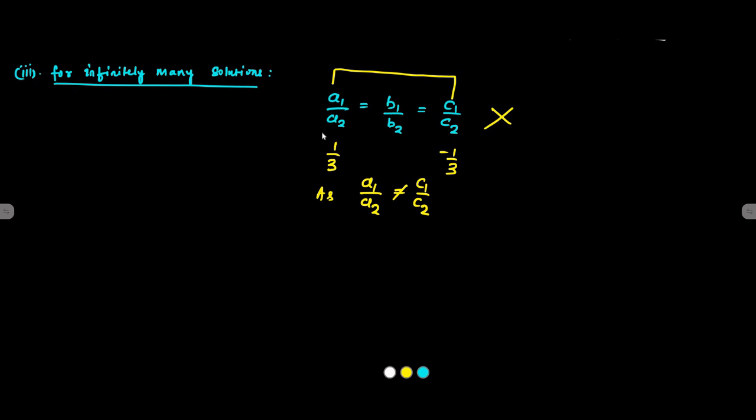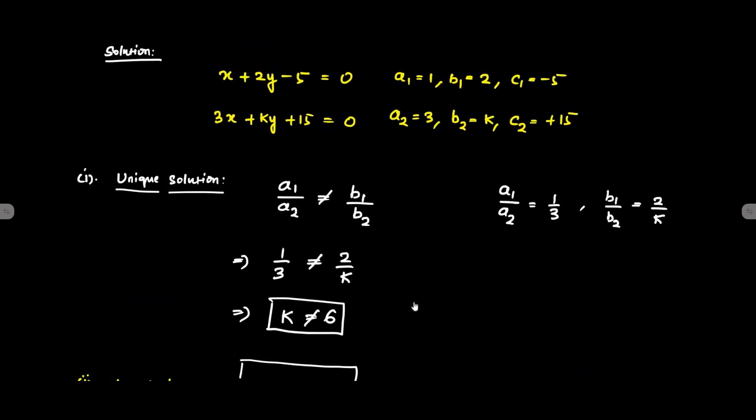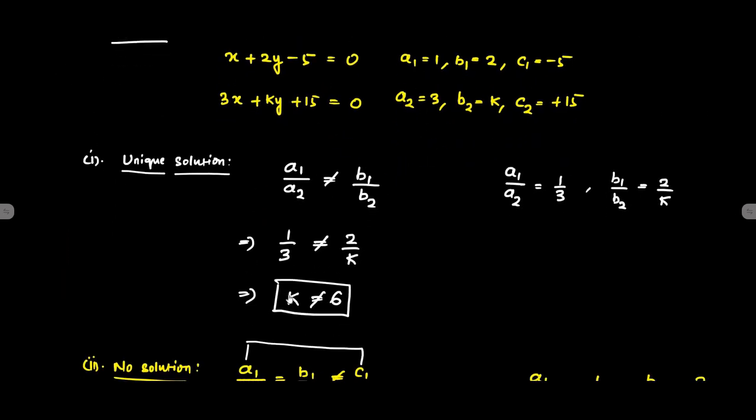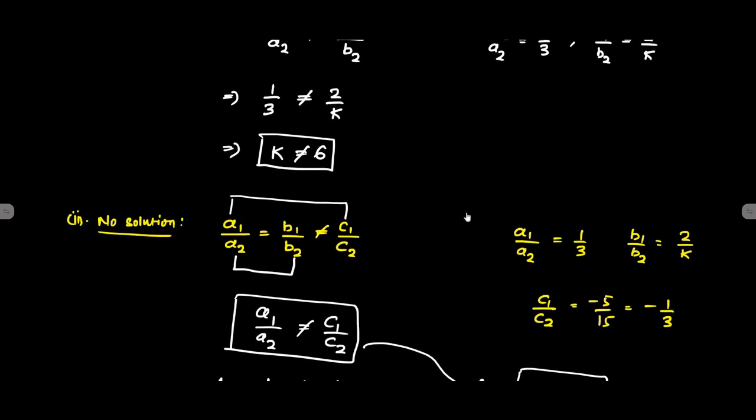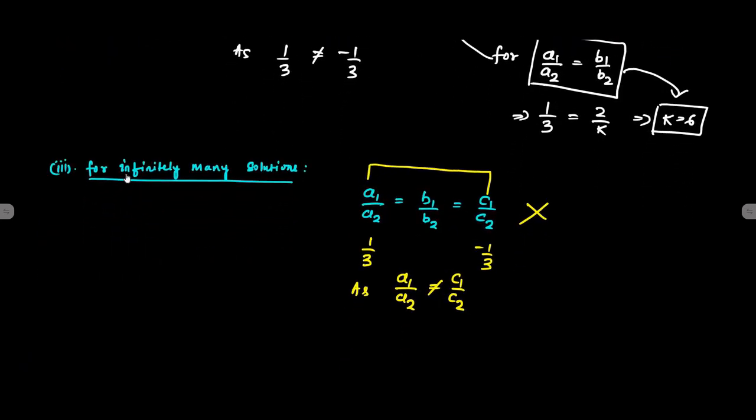This is how we got the different values of k: a unique solution for k not equal to 6, no solution for k equal to 6, and no value of k exists for infinitely many solutions, because this condition cannot be satisfied. Okay, so this is the thing.